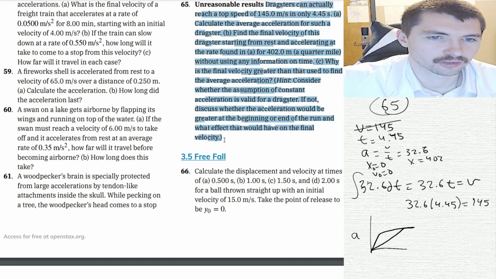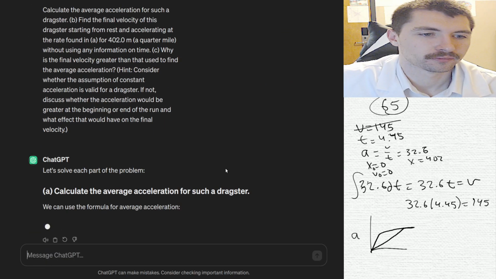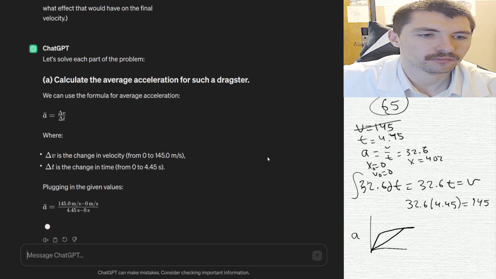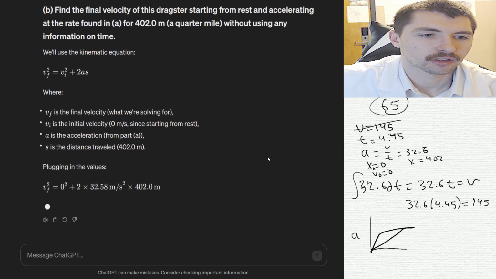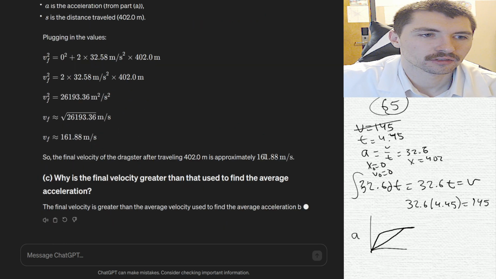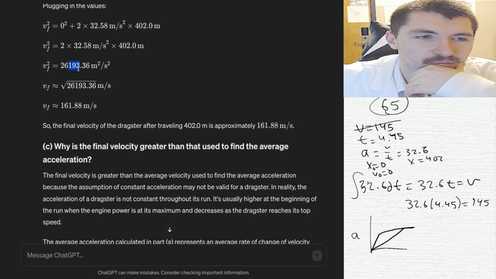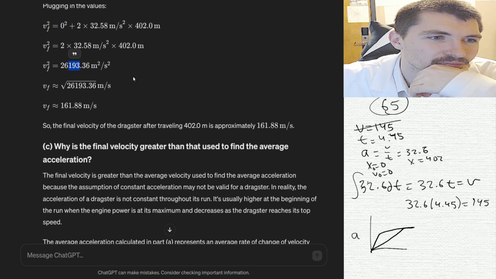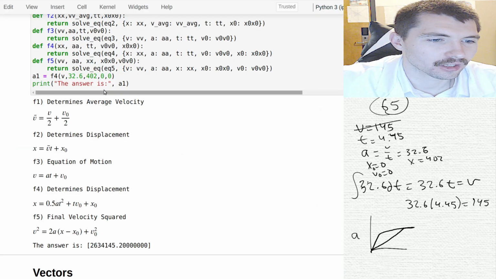So let's see what the language model says. Okay, 32. Okay, we get a big number. Hmm. Why is this so big? 2 million.